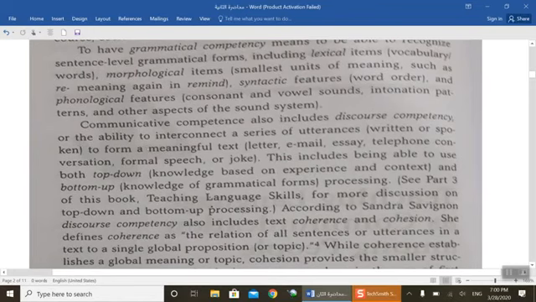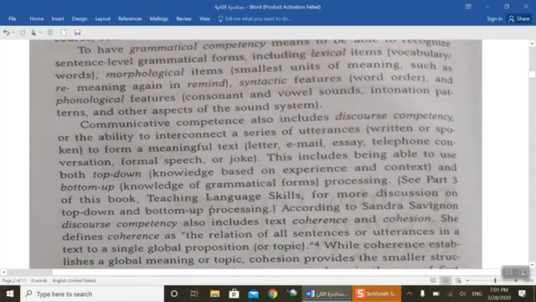Number 2, communicative competence includes discourse competency, or the ability to interconnect a series of utterances, written or spoken, to form a meaningful text.